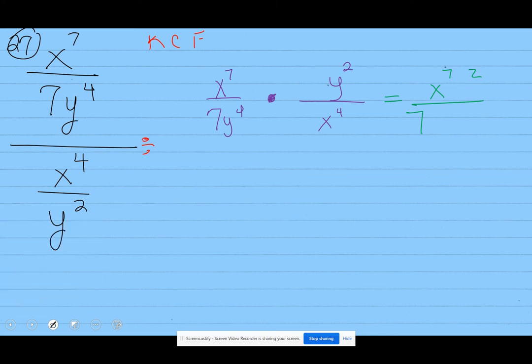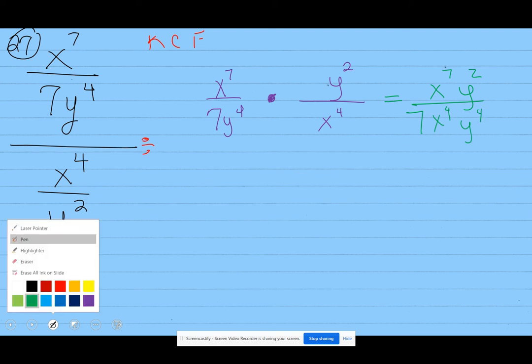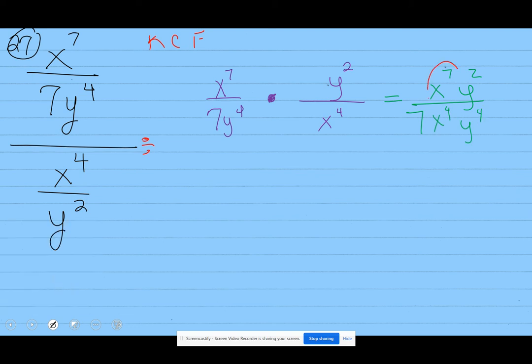So we have x to the 7th, y to the 2nd, 7x to the 4th, y to the 4th. We subtract 7 and 4, and we get x to the 3rd on top. We subtract 4 and 2, and we get y to the 2nd on bottom, and then the 7 on the bottom. It's just divide, cancel, same thing we've always done.